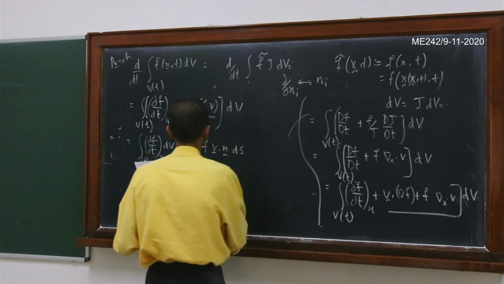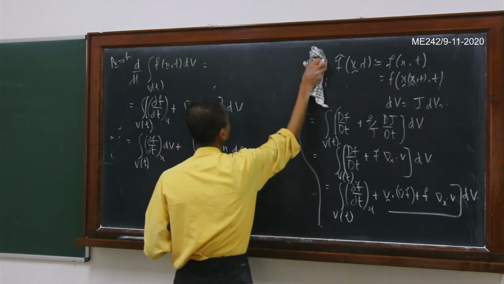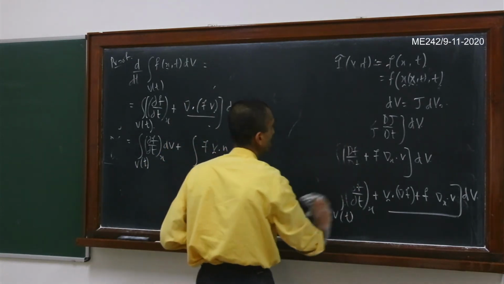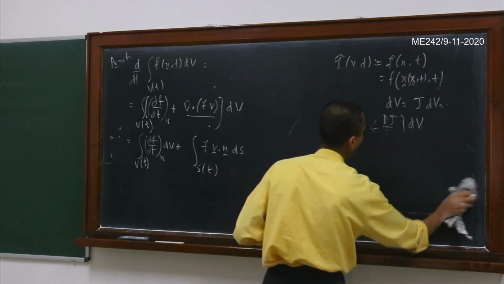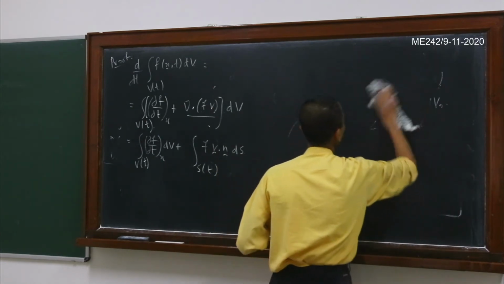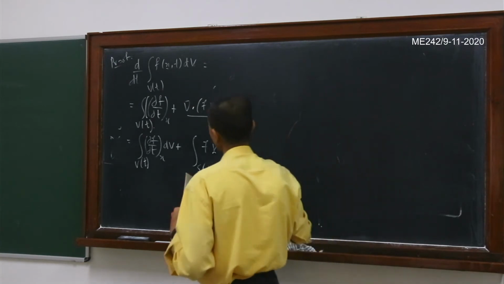Here I had considered a scalar valued function. Now for a vector valued function, you can think of applying this to each component, since each component of a vector is a scalar valued function.